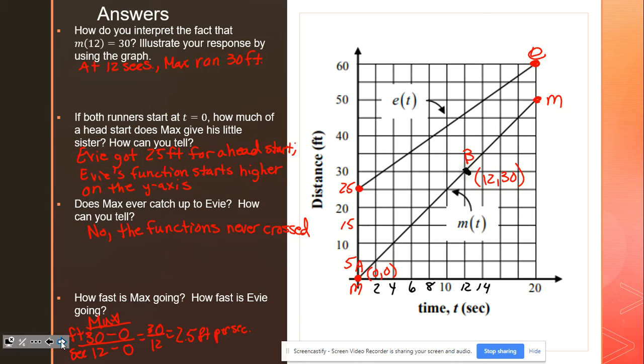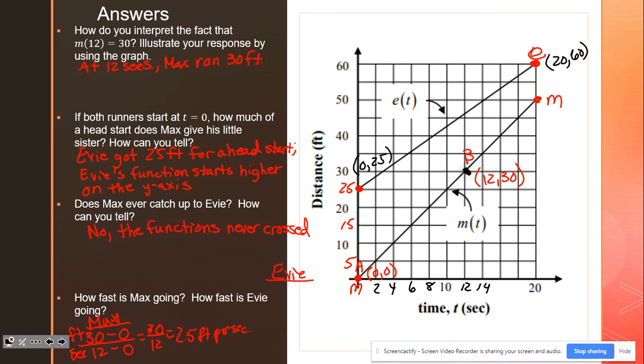Let's take a look at Evie's. We have 2 points as well. I have 0, 25 and I have 20, 60. So I'll use those 2 points for Evie. I'm going to move right up here for Evie. Hopefully you're following me. Sorry for the limited space. But Evie is going to be f of b.